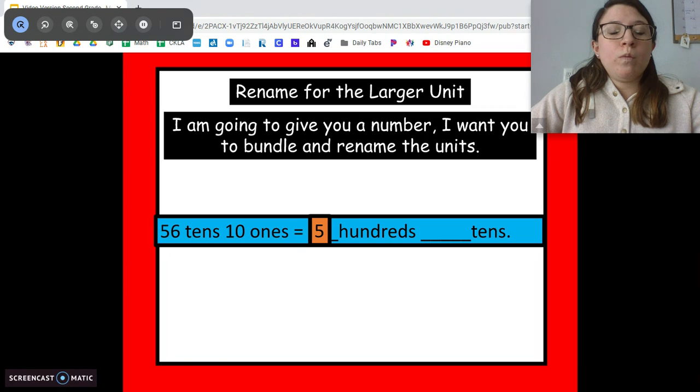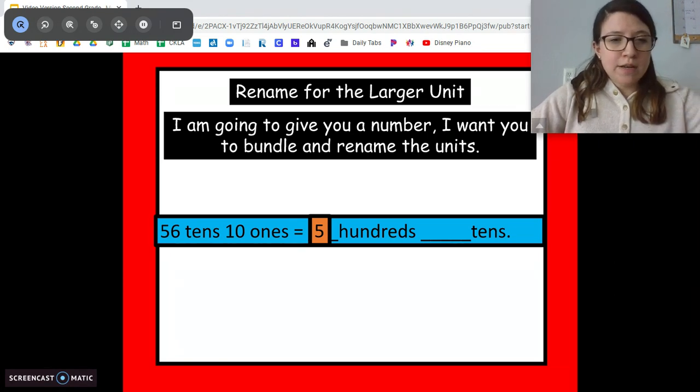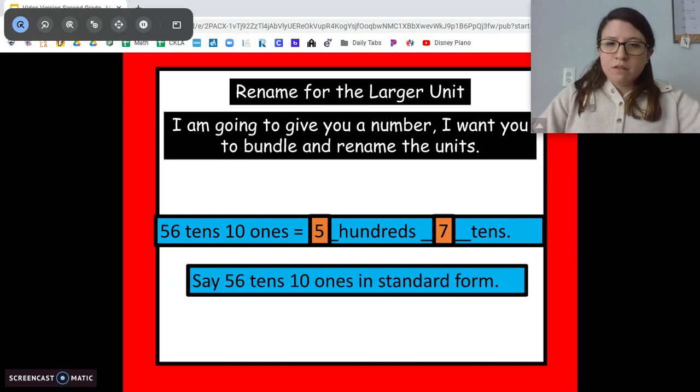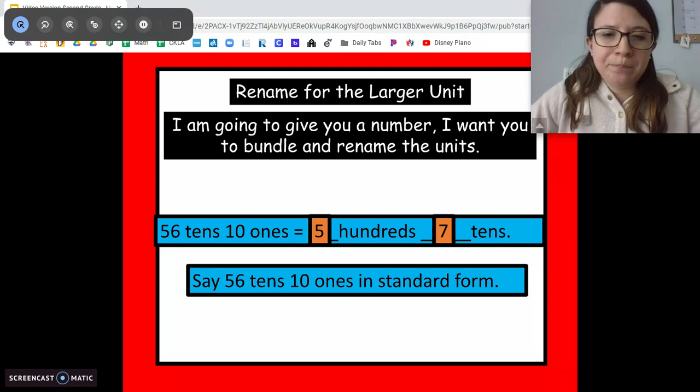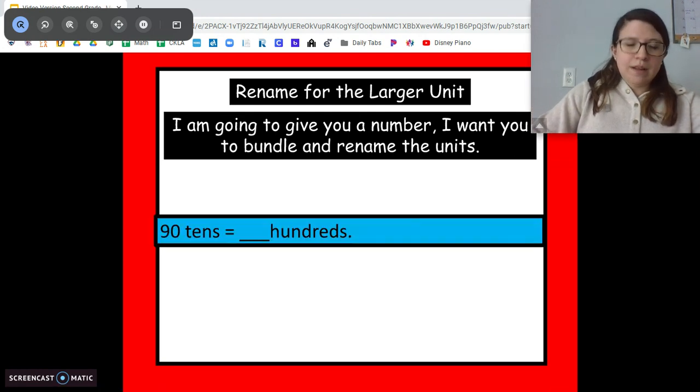So when we look at our 10 ones again, we have 10 ones equals 110. So we're going to have to add that in. So 6 tens plus 110 is going to give us 7 tens. We end up with 507 tens. What would that number be in standard form? Nice job, 570.